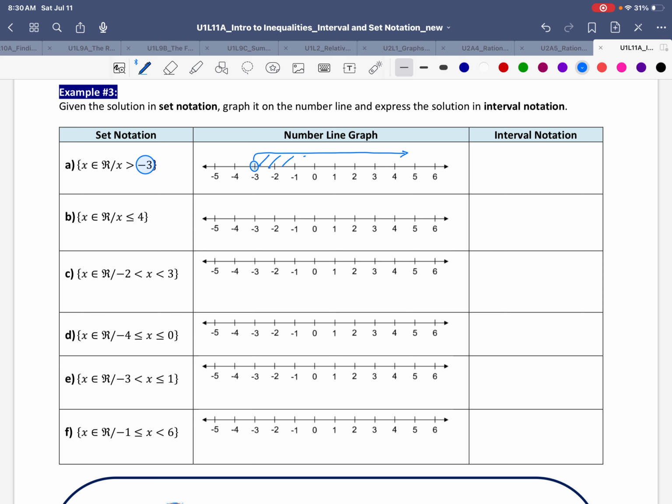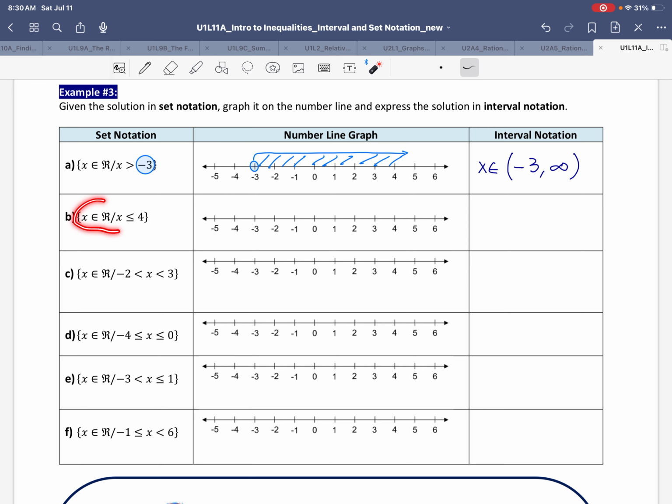So all these x values will be part of the set that is described in here. And in interval notation, we'll say that x is any real number such that x is between negative 3 and infinity. Now, negative 3 is not included, so round brackets, parentheses.